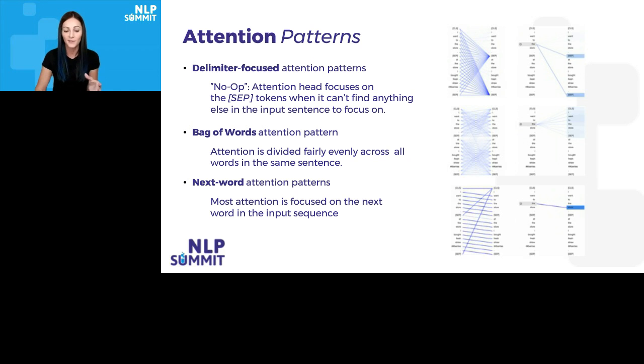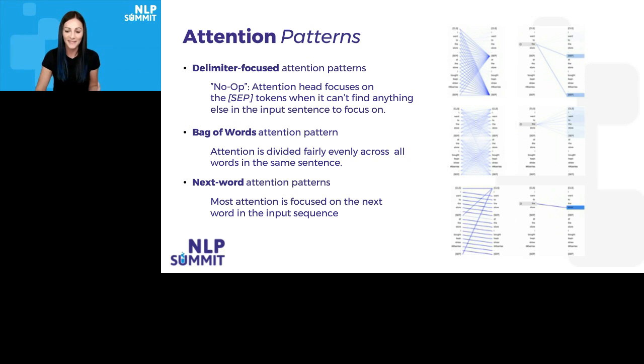And this is really when BERT doesn't find any other input token to pay attention to. Or the pattern looks like a bag of words, meaning it's attending fairly evenly across all of the words in the same sentence. And then you have next-word attention patterns, and here the attention is focused on the next word in the input sequence. And there are a couple more. So this is something you probably want to look out for when visualizing.